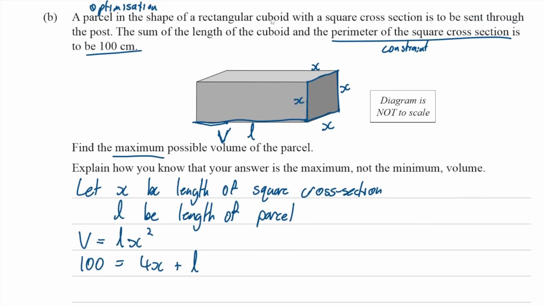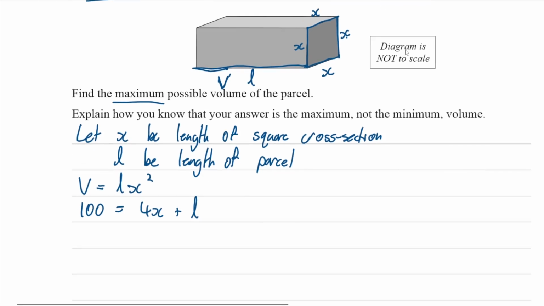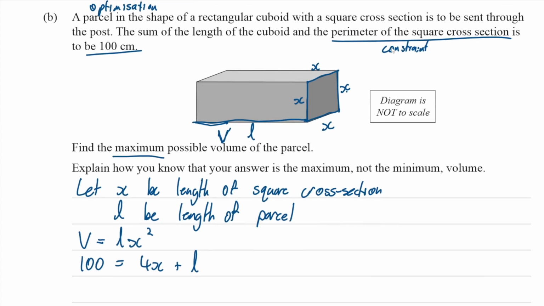So once more, the sum of the length, L, and the perimeter of the square cross section, x plus x plus x plus x, 4x, must equal 100. We call that the constraint equation. Cool. So so far, we've introduced x and L. We've written our equation for volume because we want to maximize volume. And we've linked length and x.